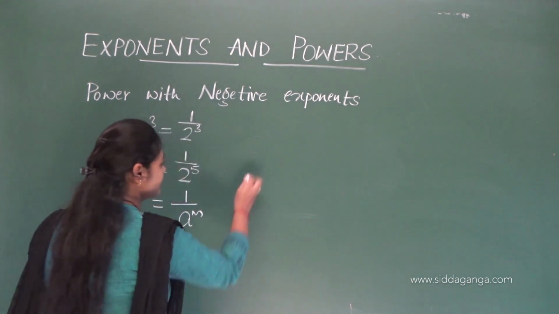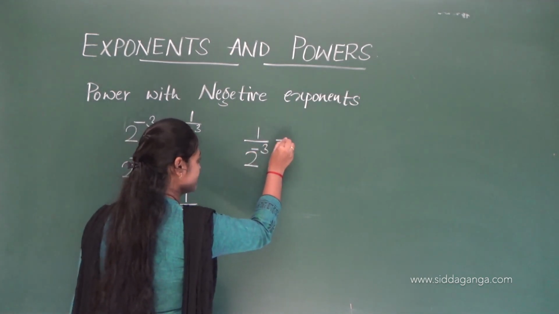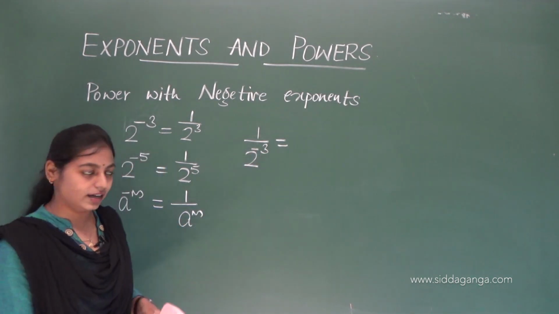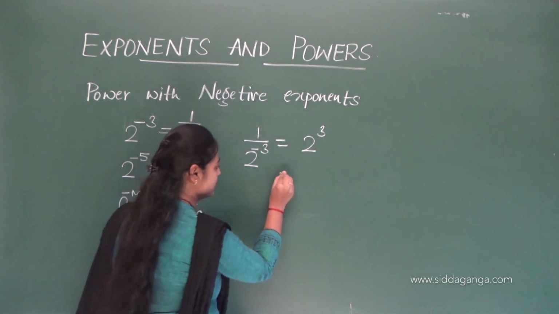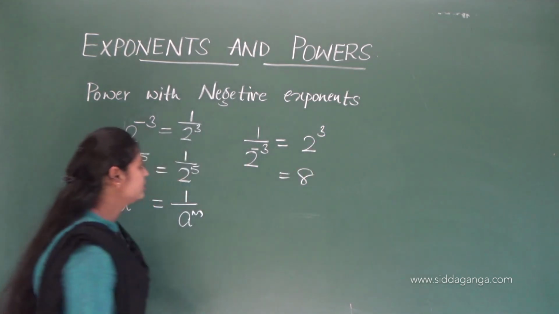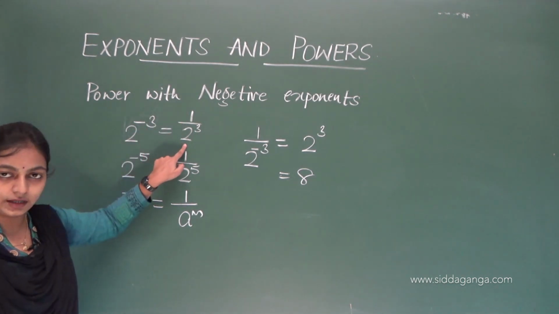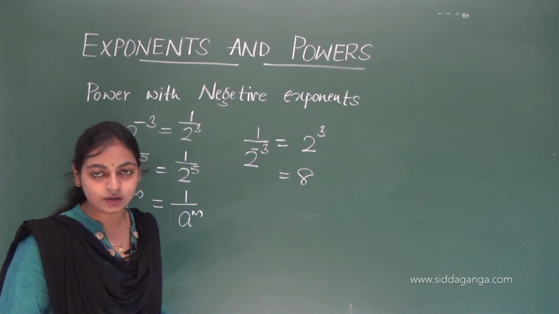In case of 1 divided by 2 to the power of minus 3, the exponent in the denominator is negative, so we write it as 2 to the power of 3, which is 8. So 2 raised to minus 3 is equal to 1 divided by 2 cube, and 1 divided by 2 raised to minus 3 is equal to 2 cube.